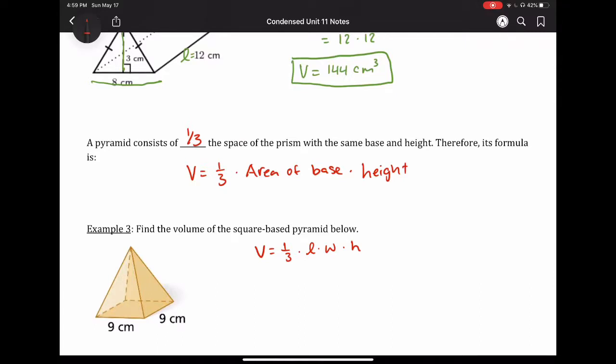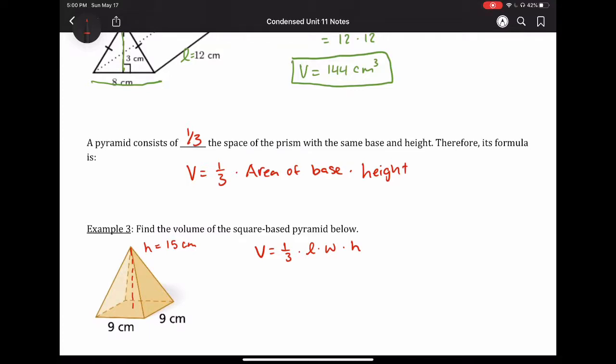I'm not seeing a noticeable height. Just for this scenario, let's just go ahead and say that the height is equal to 15 centimeters. There's no reason for that. I'm just saying, let's say it's 15.